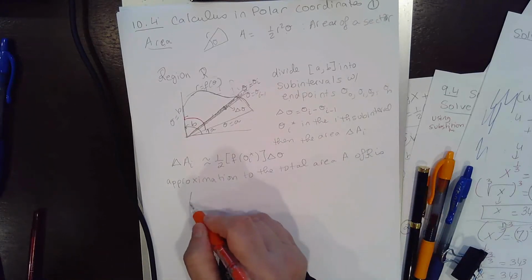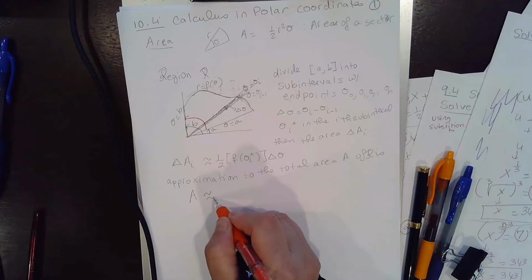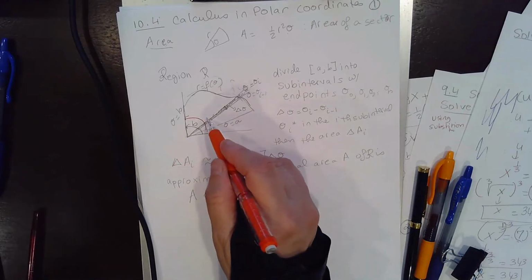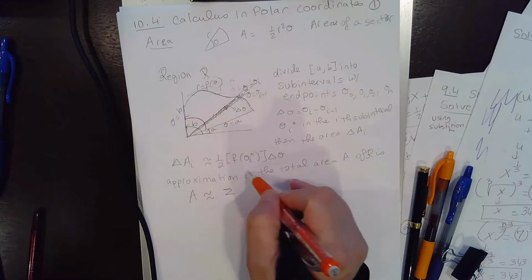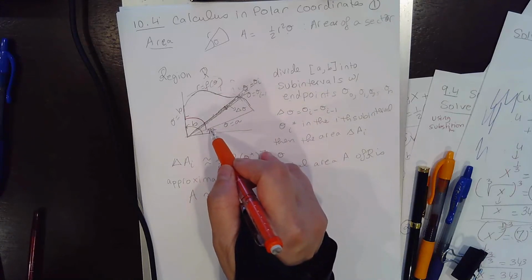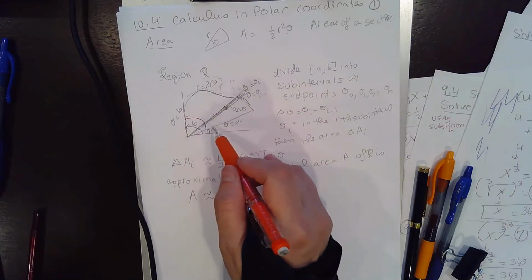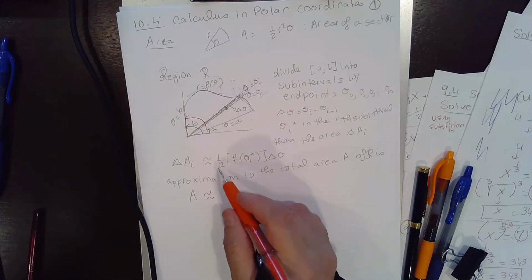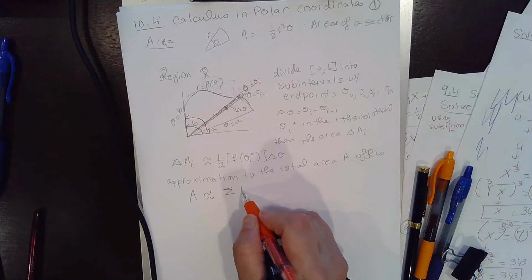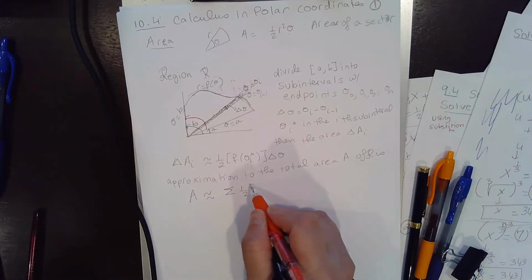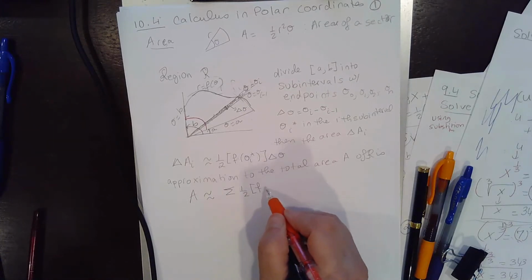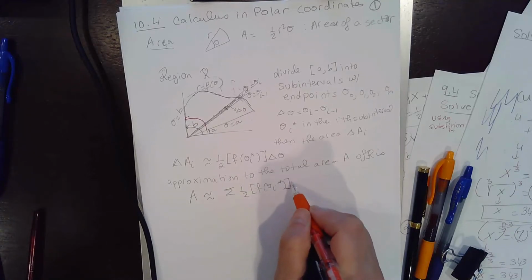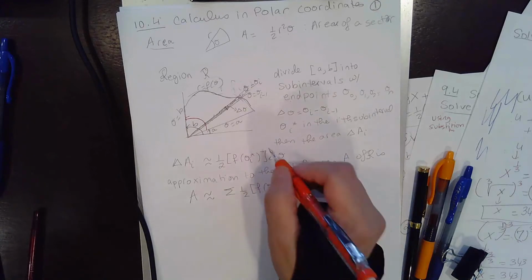So what do we have? Approximately the sum of all the subintervals, the areas of the subintervals. So the sum of all the areas of the subintervals, 1/2 f of theta i star square. Oops, I forgot the square here.